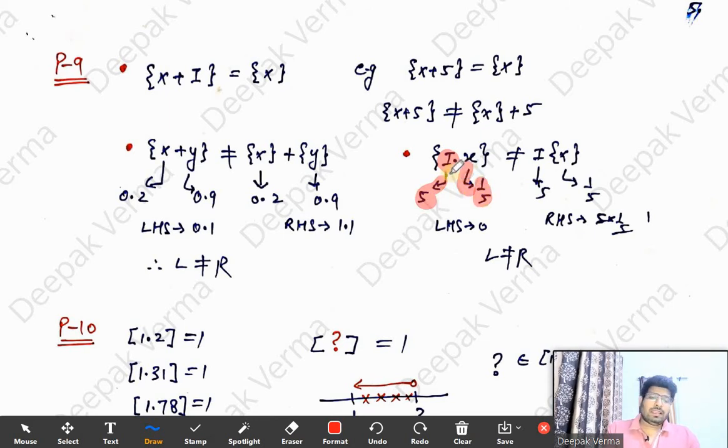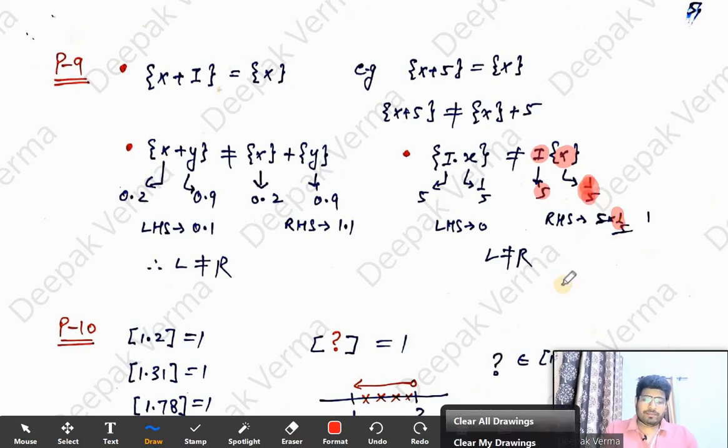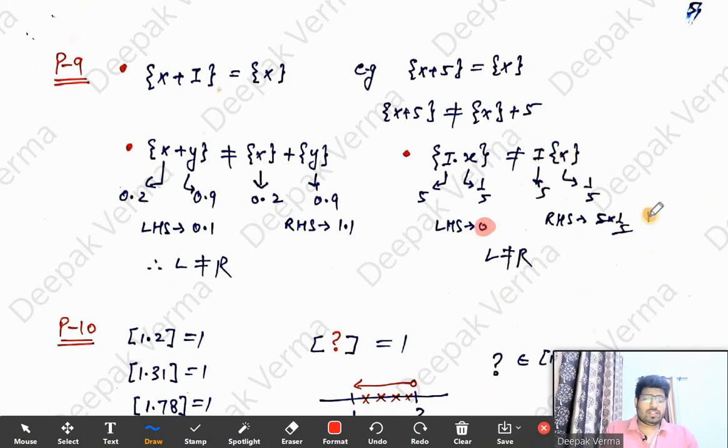Now multiply the integer into this, we get 1, and the fractional part of 1 is 0. And here the integer is 5, and the fractional part of 1 by 5 will remain 1 by 5. So here we get 1/5. You can see the left hand side is 0, the right hand side is 1/5. So the left hand side is not equal to the right hand side. Therefore this is not equal to I times the fractional part of x.